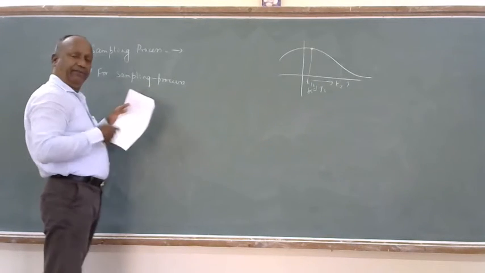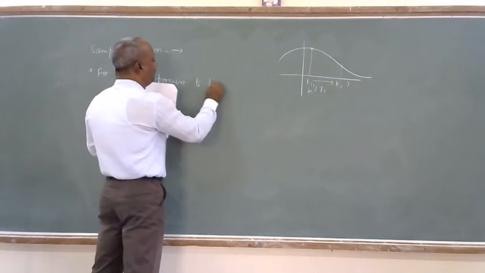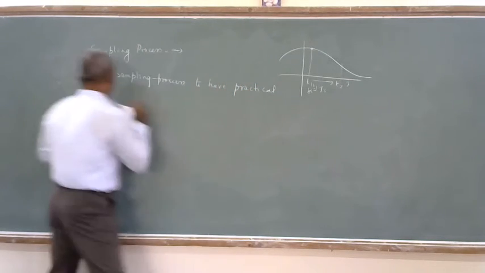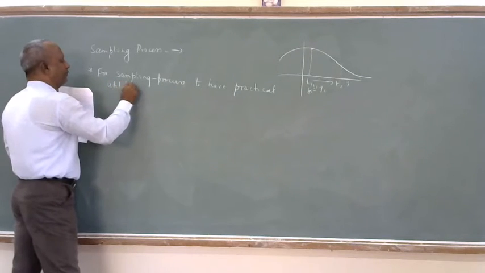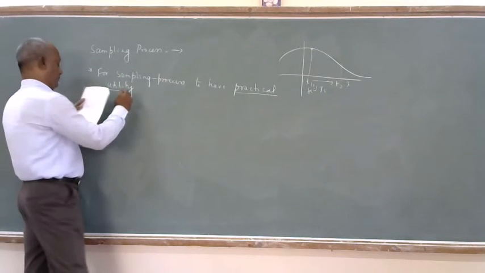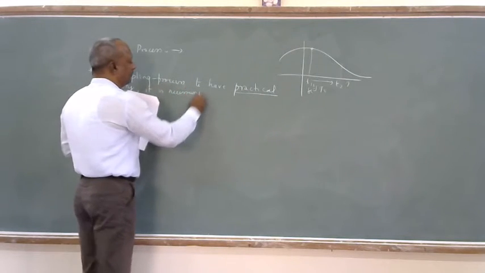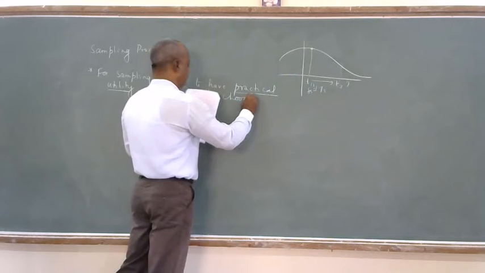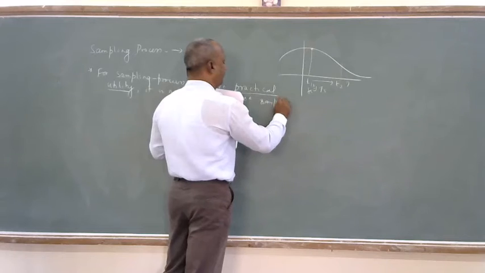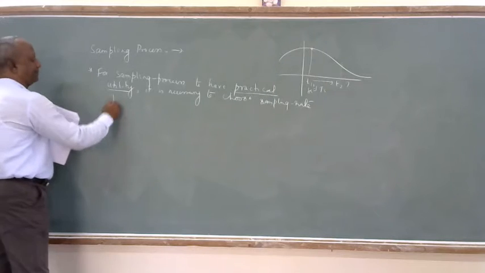So if I am doing it, at what rate do I need to do it? For a sampling process to have practical utility, practical significance, it is necessary to choose the sampling rate properly.